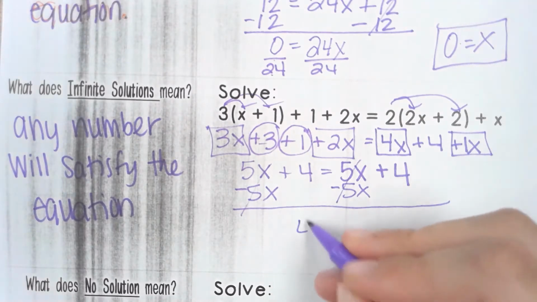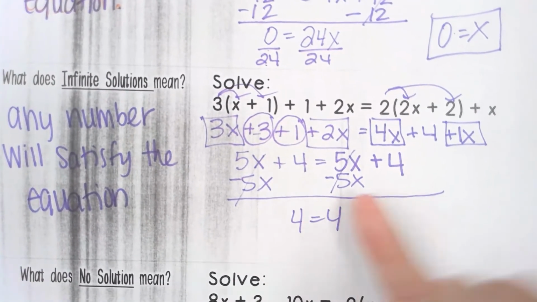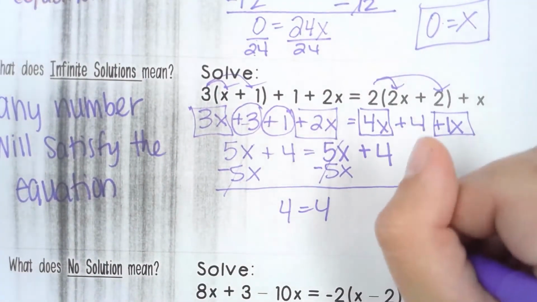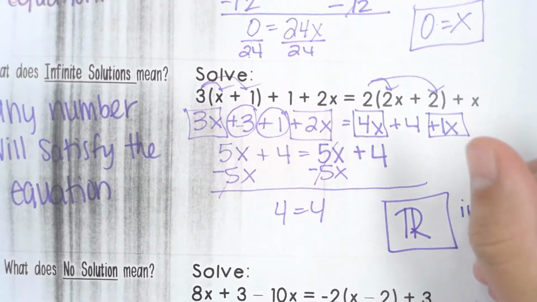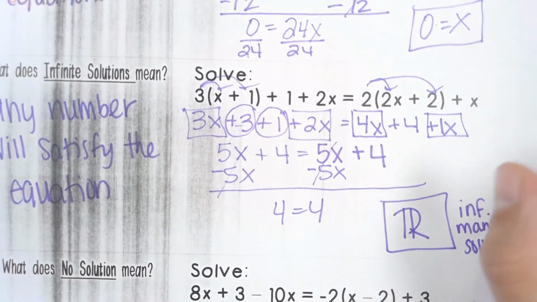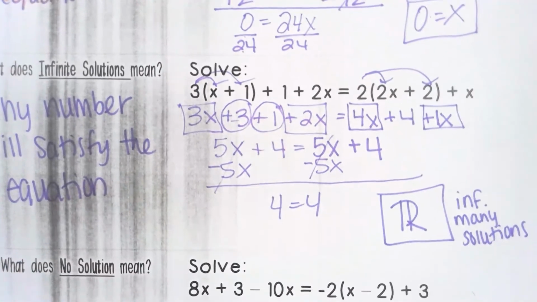So then you're just left with 4 equals 4, which means since 4 does equal 4, you have infinitely many solutions, or we also say that's all real numbers. So no matter what number you plug in for x, it's going to create a true statement.